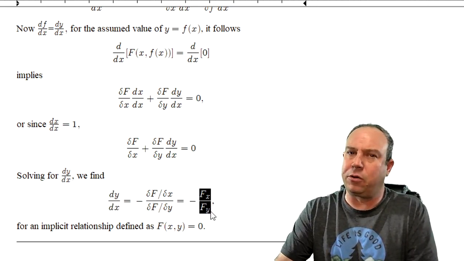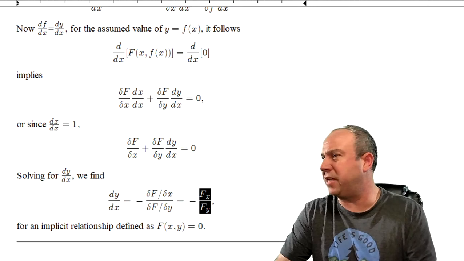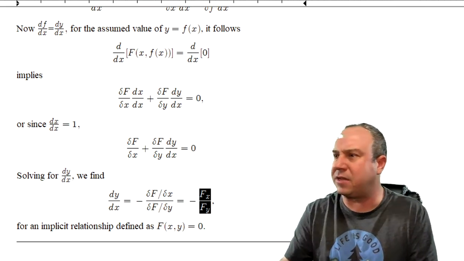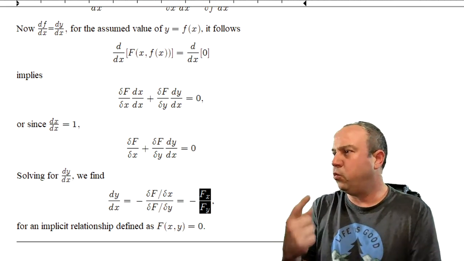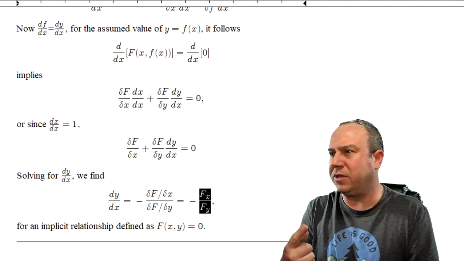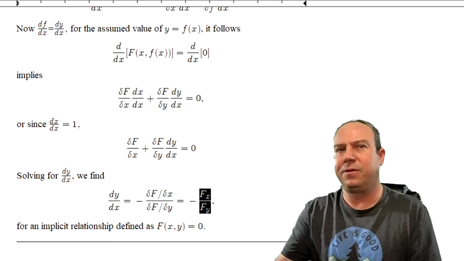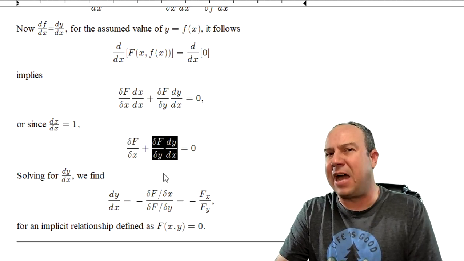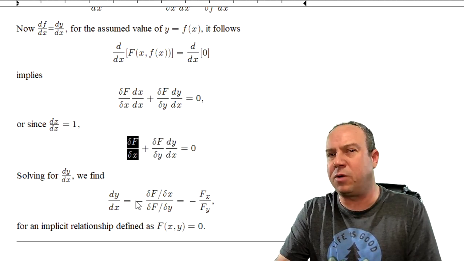And yes, the order is proper here, folks. This is the biggest mistake students make, is they think it's big F of y over big F of x. It isn't. It is big F of x over big F of y. We just showed that here with this proof. You are going to subtract this from both sides and then divide by this. The subtraction is what produces the negative of this.